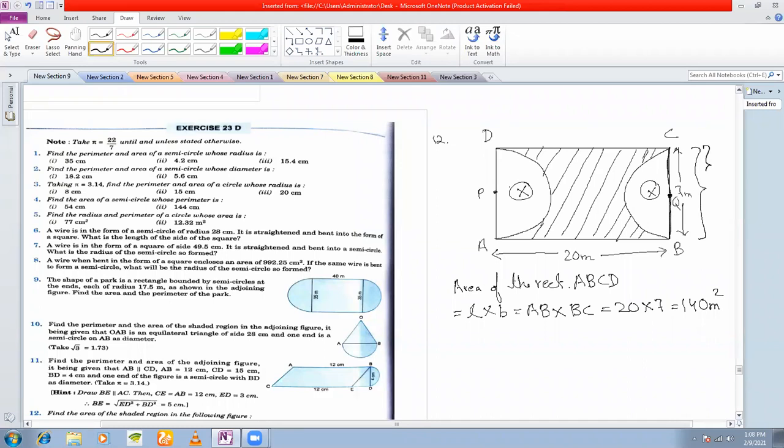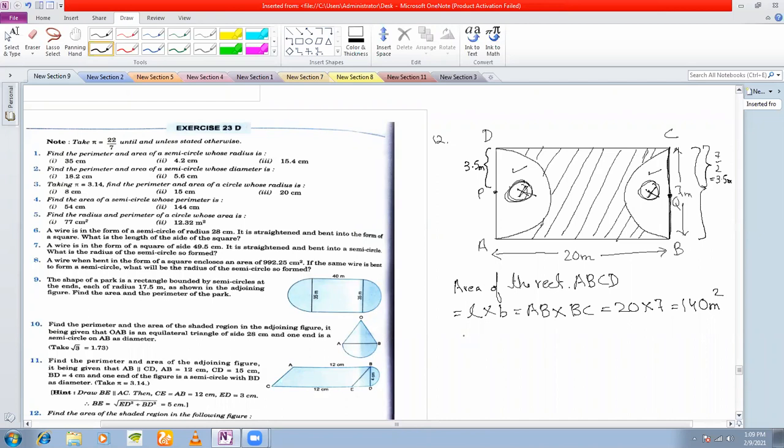So therefore, this length here must be 7 by 2, which is 3.5 meters, right? So radius, and similarly here also, the radius of this semicircle will be 3.5. That means whatever area that I find for this semicircle, it will be the same for this semicircle. That means area of this semicircle and this semicircle will be equal.